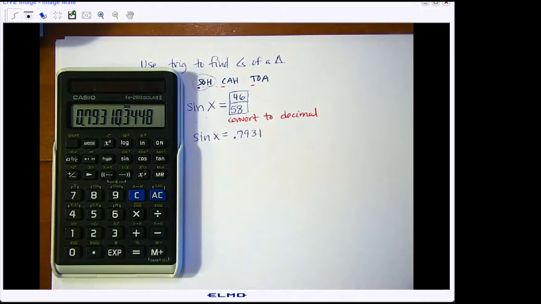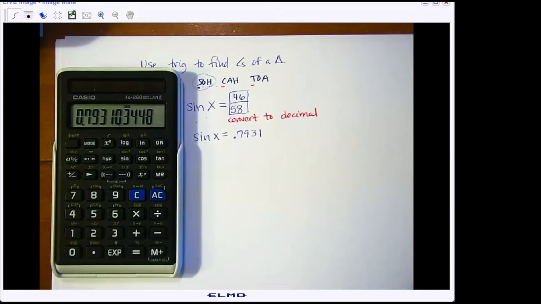Now it looks like what we've done on our review, finding the angle. What's the special key that we have to use in order to find the angle? Somebody say it. Shift. Mhm.